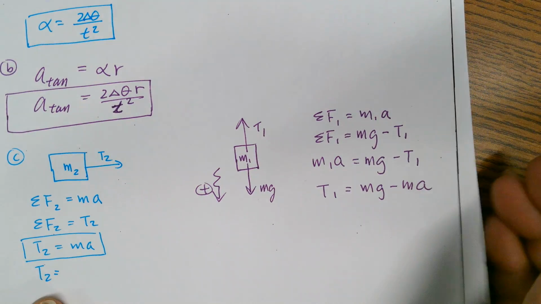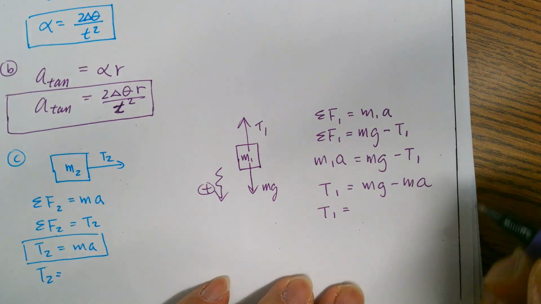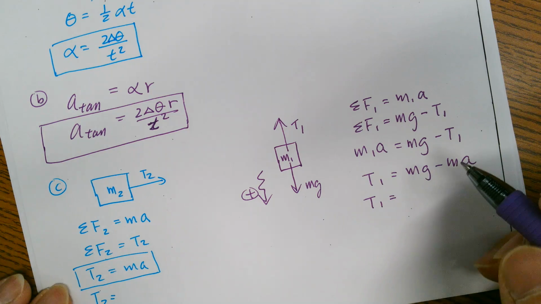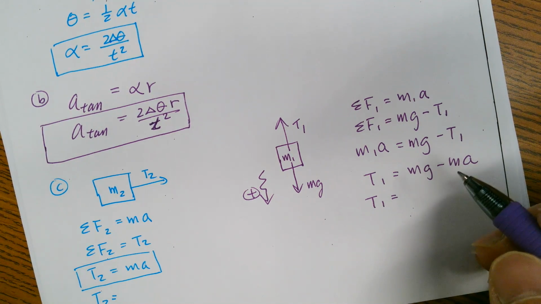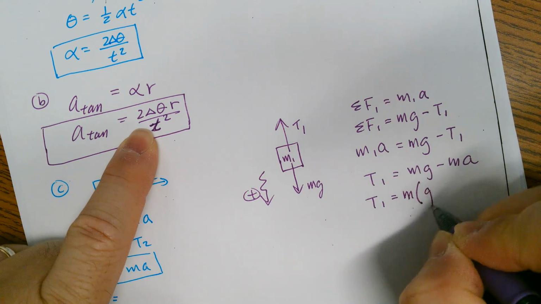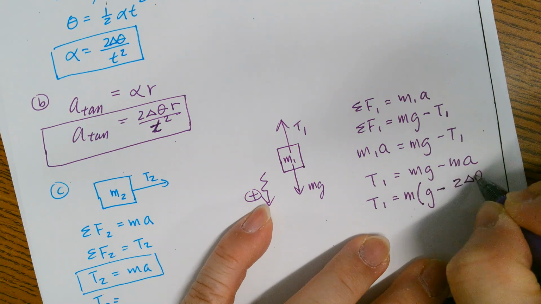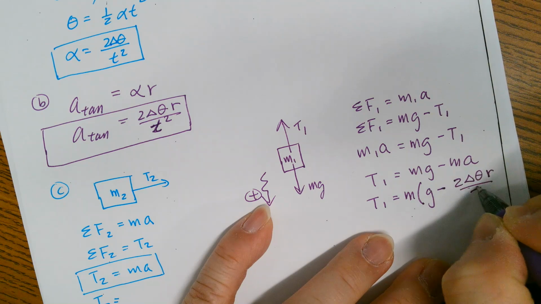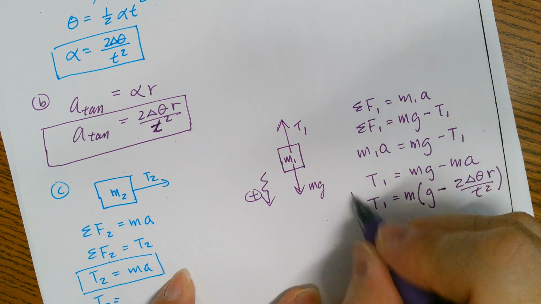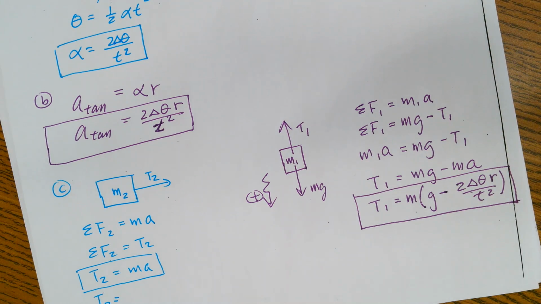I could put this A in here: tension 1 is equal to m times g minus 2 delta theta r over T squared. Now for my tension 2.